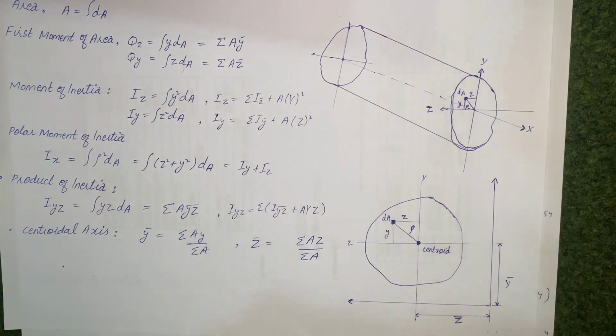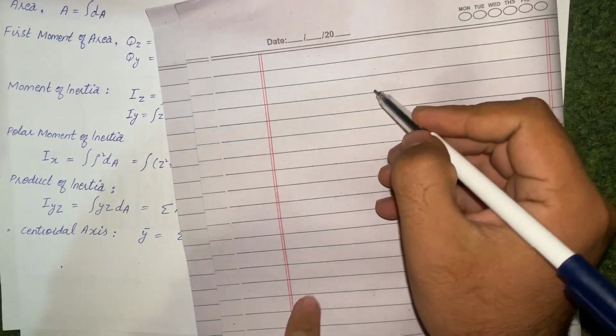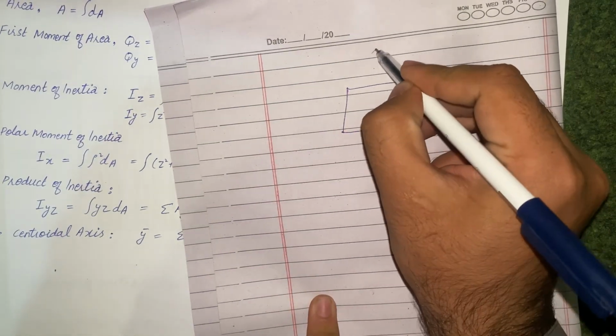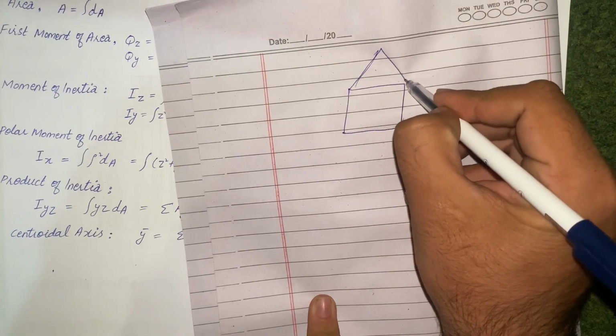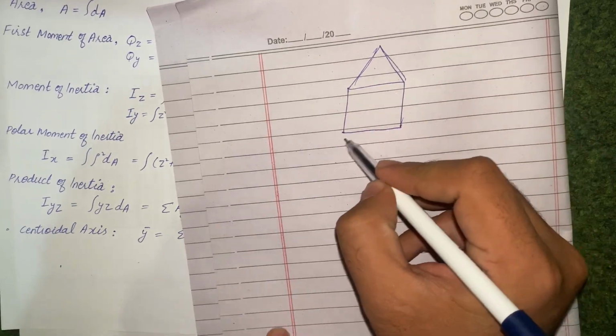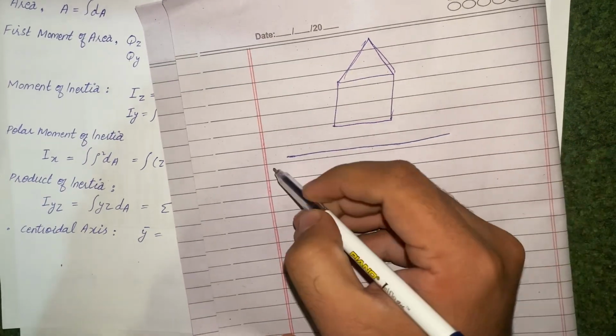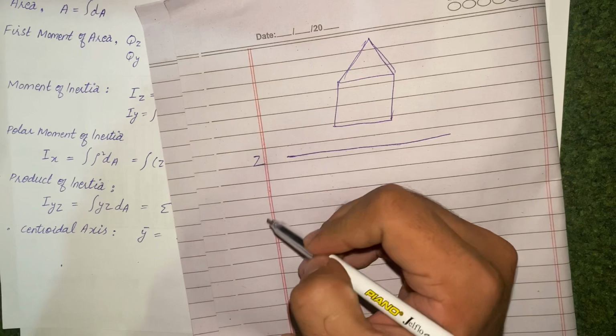For example, if I draw some diagrams here, this is a square and here it is a triangle, and I say that I am calculating the first moment of area about this reference axis.